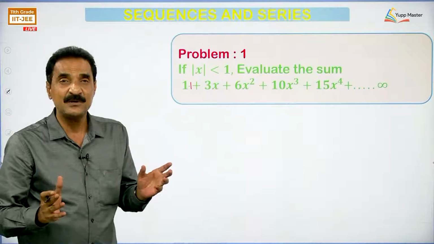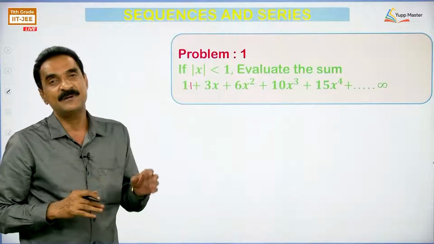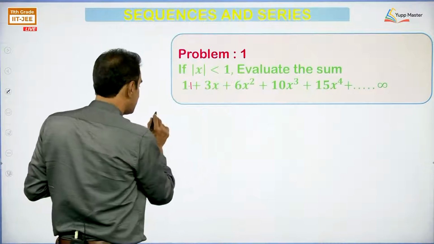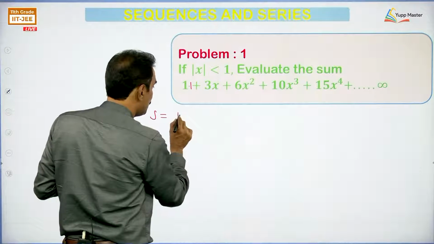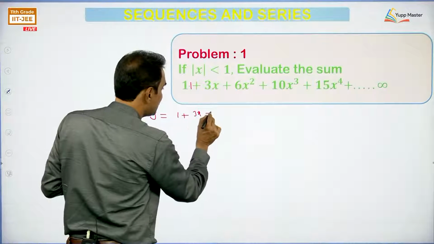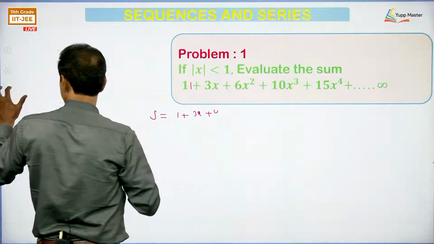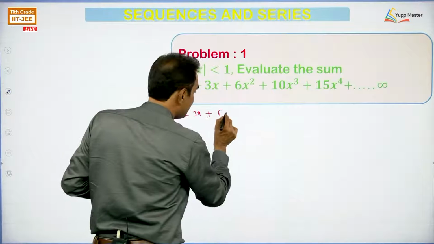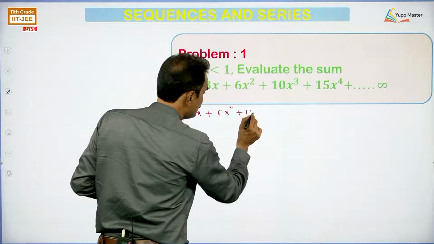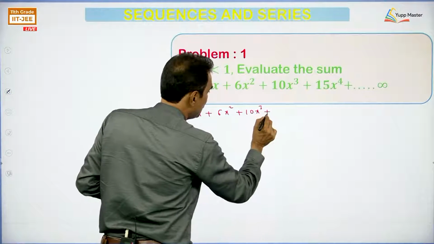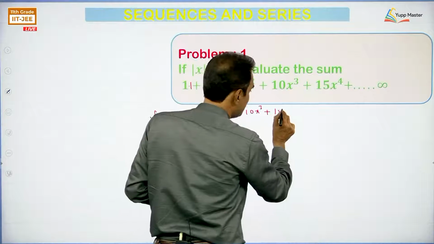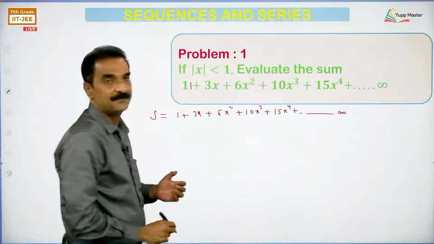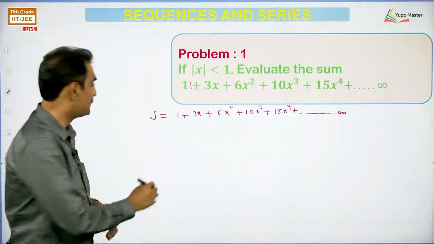What is that method I told? Multiply both sides by the common ratio and subtract. Okay. First, denote the sum by S. S is equal to 1 plus 3x plus 6x square plus 10x cube plus 15x power 4 and so on till infinity. Alright. Multiply both sides by the common ratio.